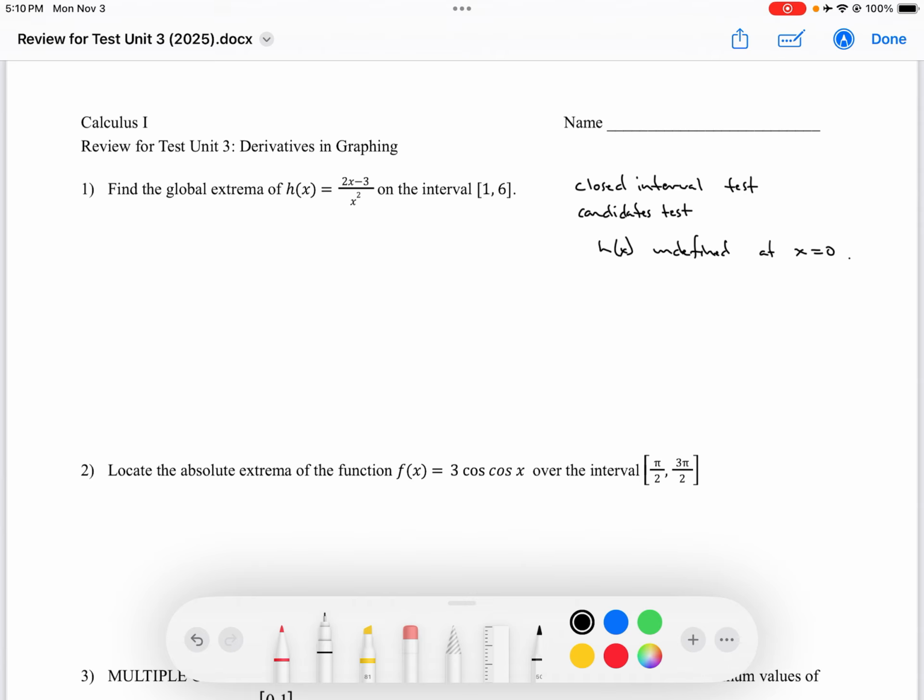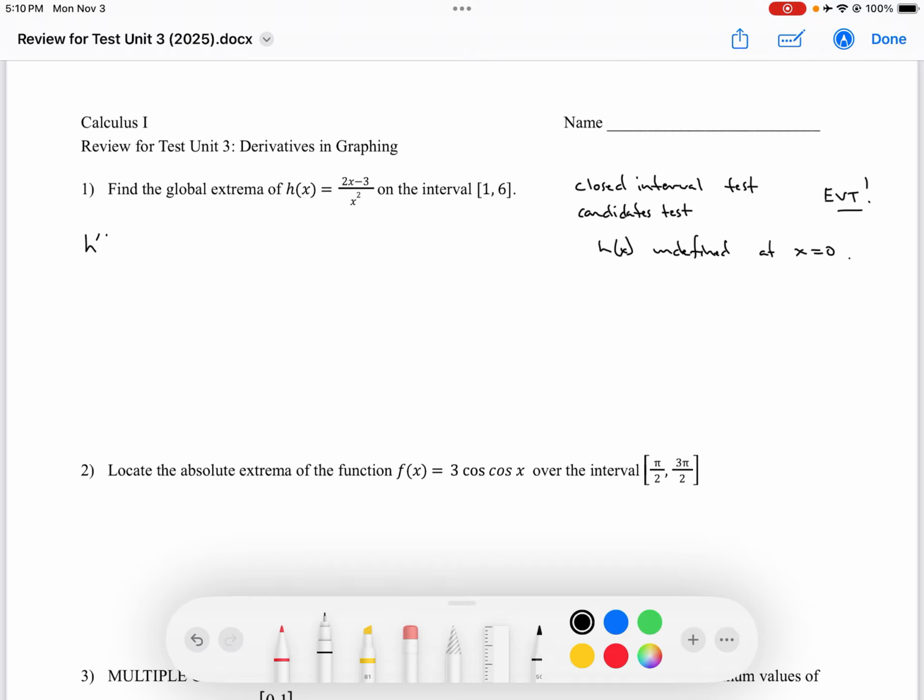But that's not in my interval, so I'm not too concerned about that. So this function, h of x, is going to be continuous on this closed interval, which means the extreme value theorem applies. And that means that it has to have a max and a min. So what I need to do is compare h of 1, h of 6, and h of any critical points. So let's find the critical points of h.